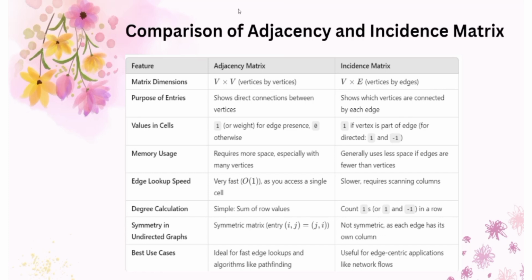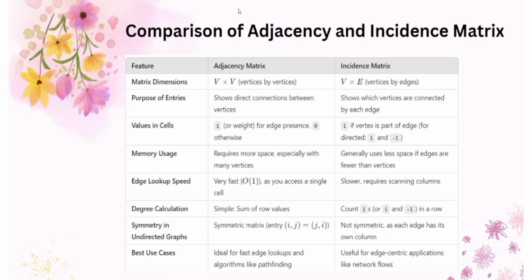Symmetry in undirected graphs. Adjacency matrix in undirected graph, the matrix is symmetric, meaning if there is a 1 at i comma j, there will also be a 1 at j comma i. Incidence matrix is not symmetric as each column only represents one edge with its own start and end vertices.